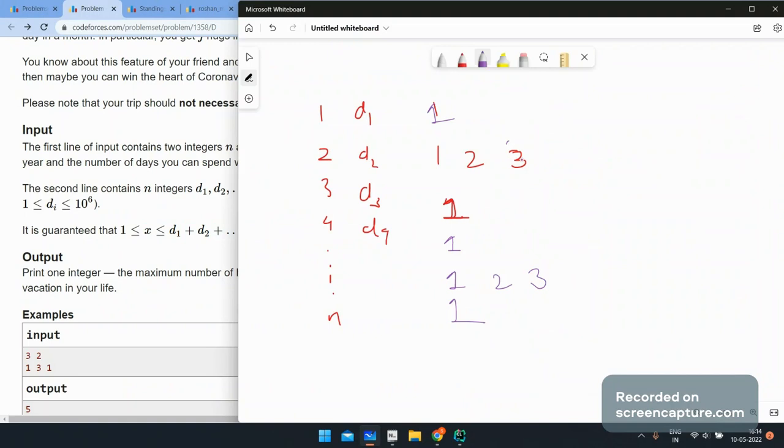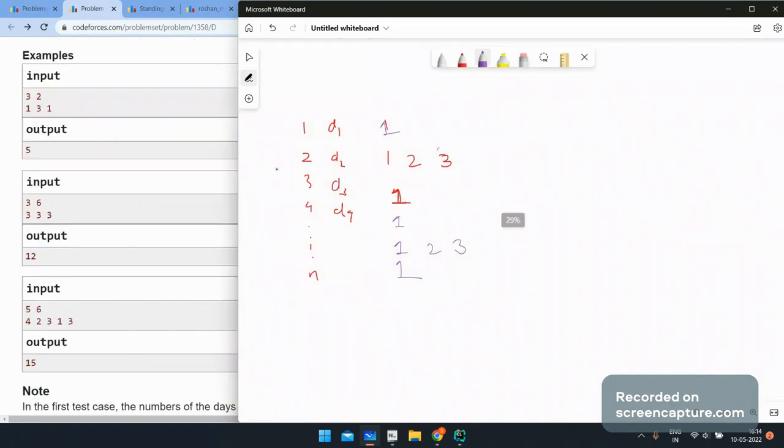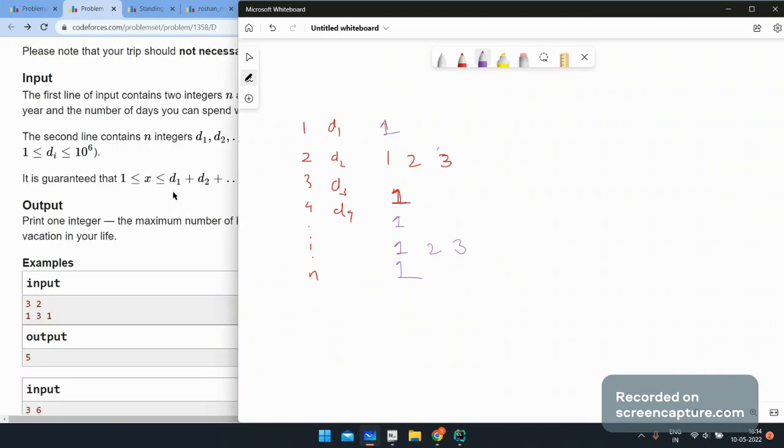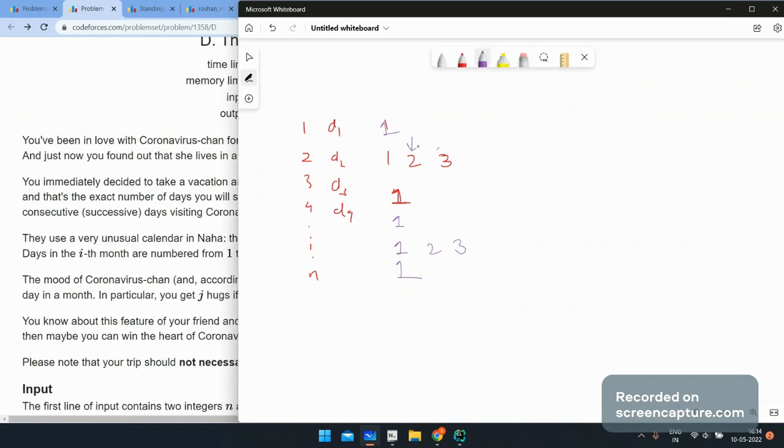Now the question arises: what should we use and how should we proceed? The main problem is that we don't know the starting point from where we should start. If we choose the starting point, then the ending point is fixed, because we will use all x days; using x minus 1 would not be good.